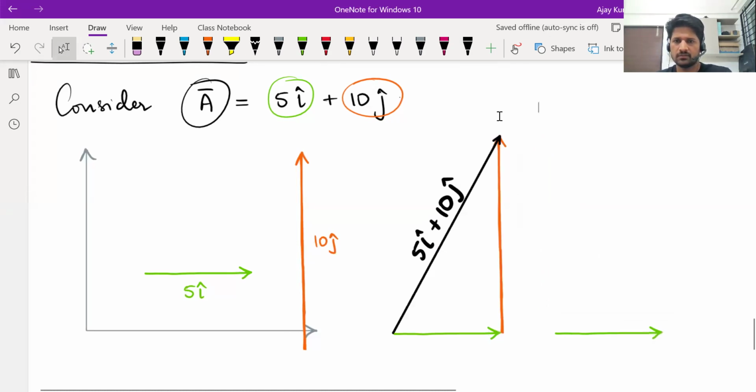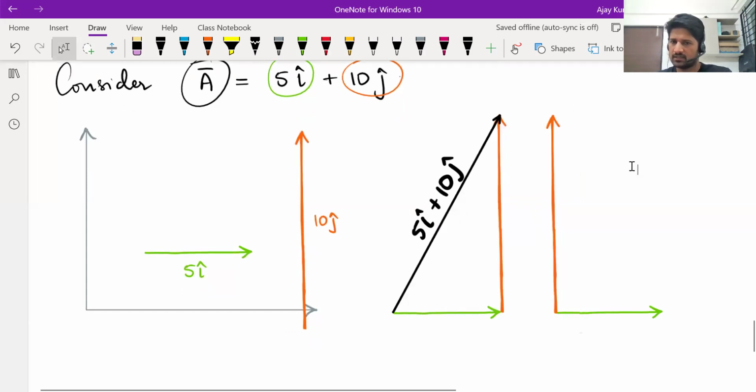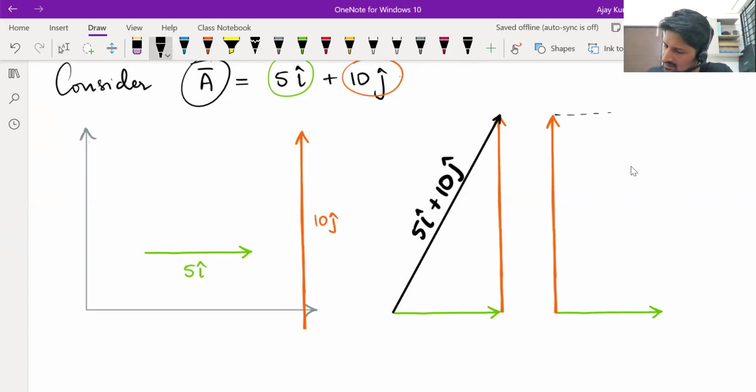Then this is 10 j cap, and this time I'll connect them tail to tail. When connected tail to tail, you have to use the parallelogram law. We know i cap is along the x-axis, so that other side of the parallelogram will be parallel to the x-axis.